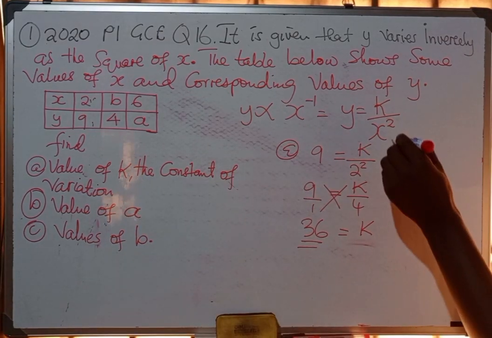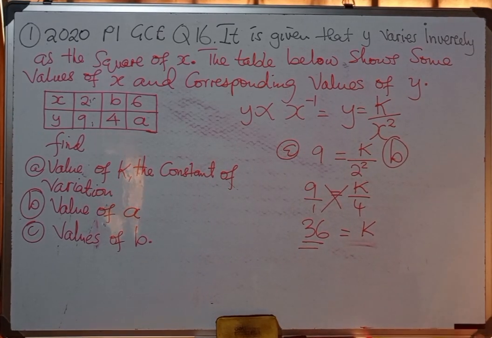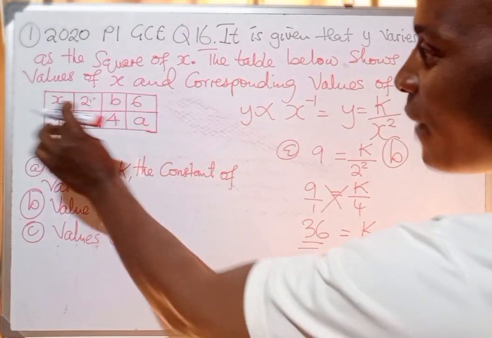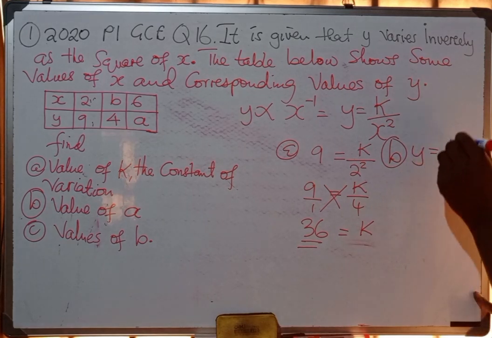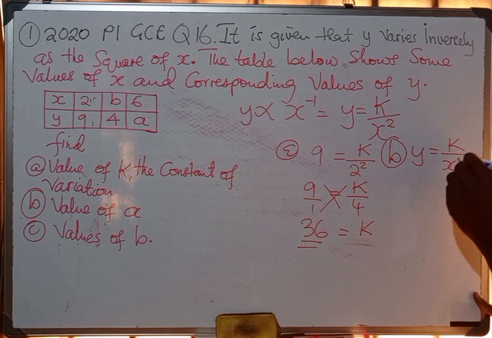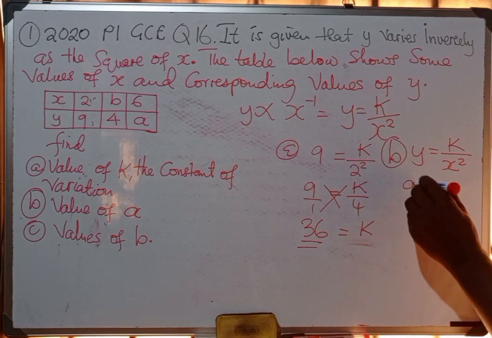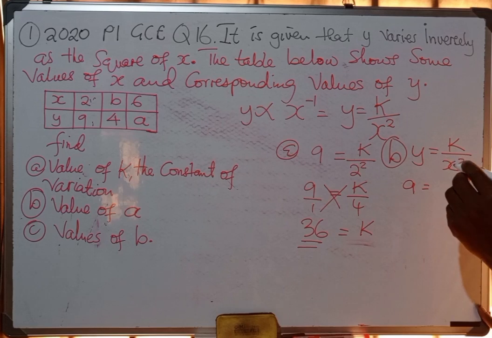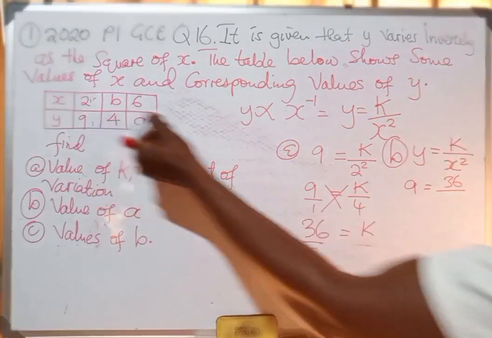Let us now find the value of a. Question B is we find the value of a. Now look at a. Where is a? A is the value of y. So we write our equation, which is y equals k over x squared. Where there's y, that's where we'll put our a. So a is equal to, what is our k? Our k is 36 over x. What is the value of x?